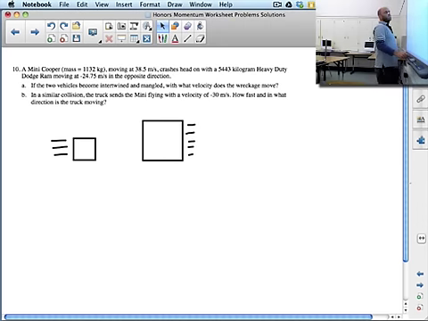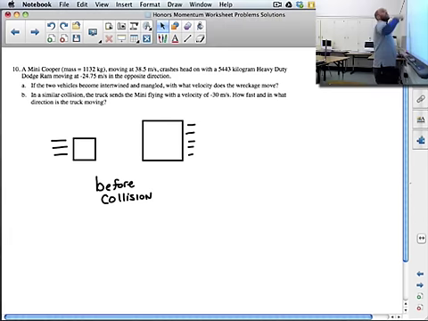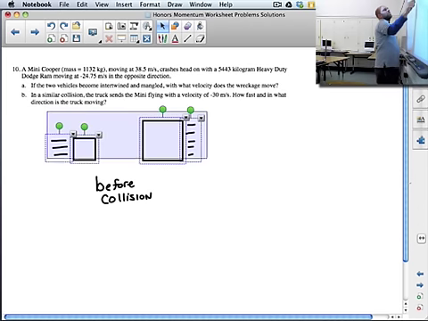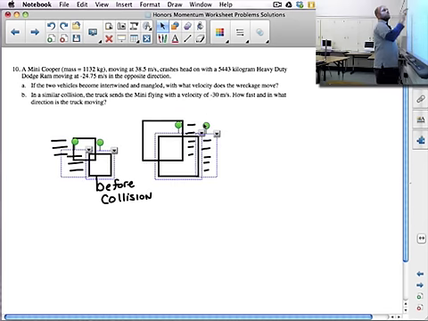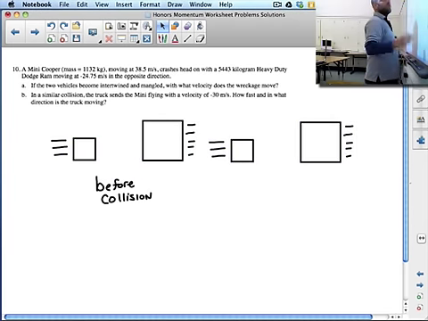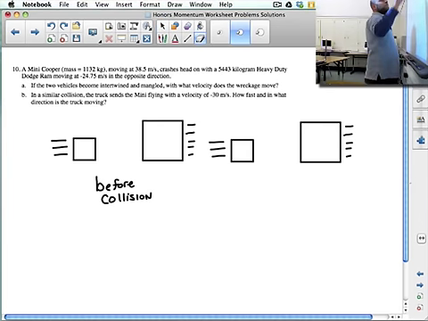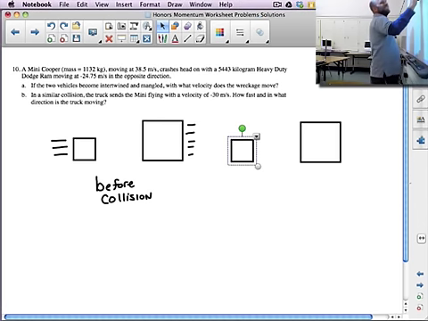And then after the collision, so I'll write before collision, and I will copy these over. Move them over. Except after the collision, they stick.